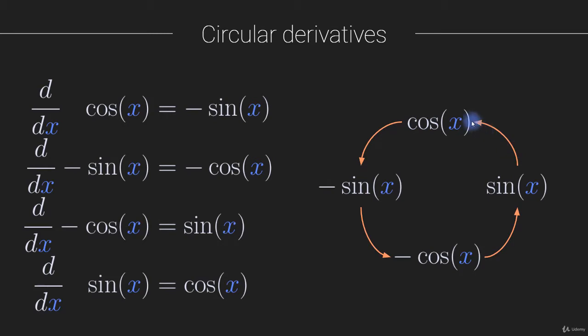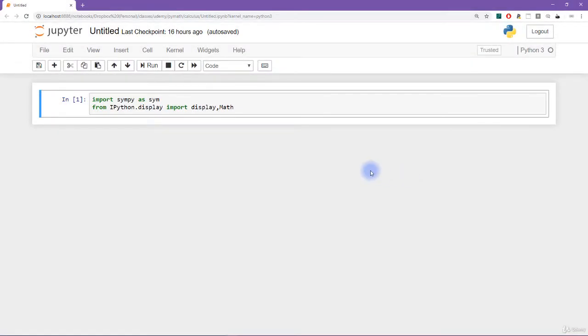I'm going to talk about integration in a few videos, and then the arrows actually flow the other way. I don't know if this little picture helps, but that's the way that I have always remembered these cycles of derivatives.